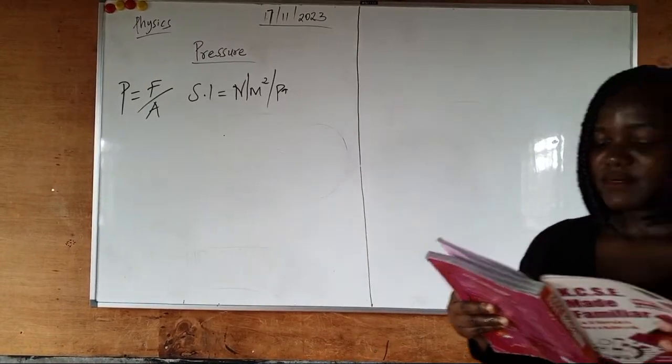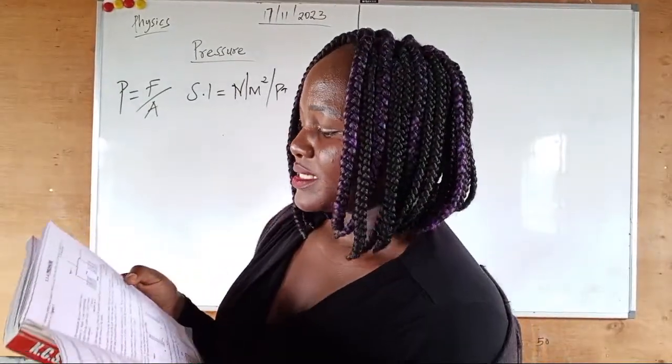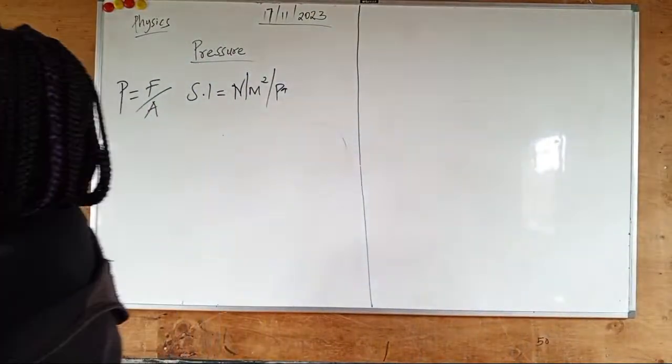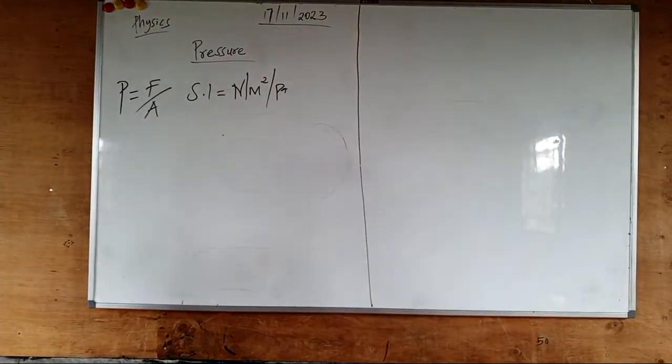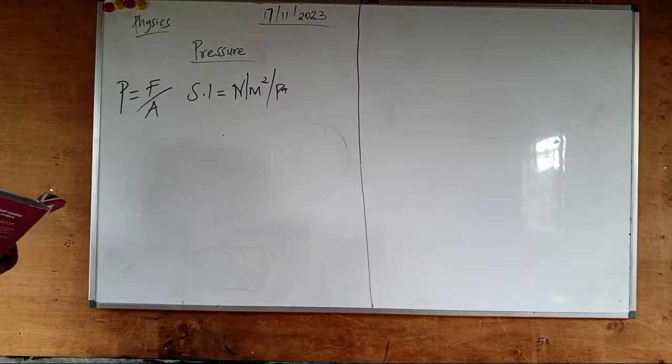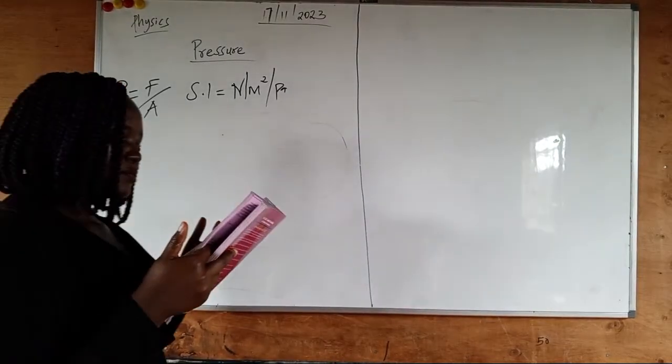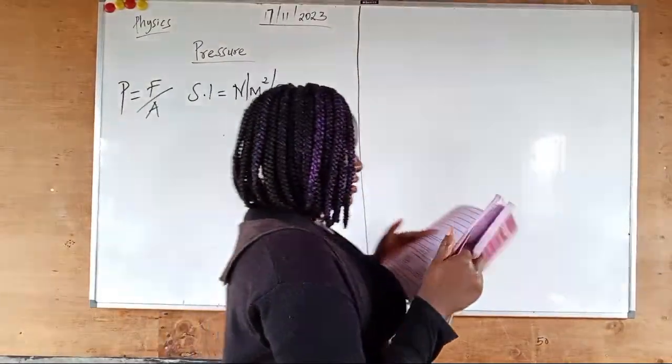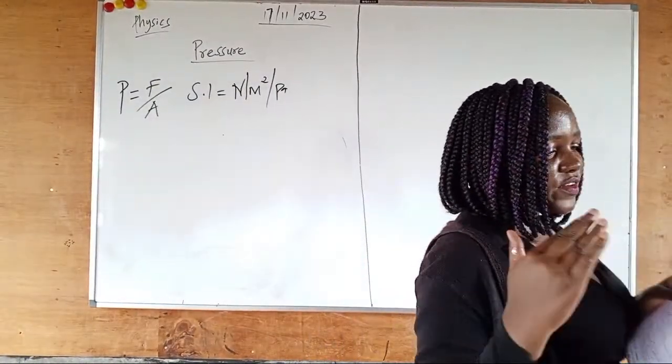Determine the minimum car tire pressure. That was question number 5. Try. Collect the data, what you're given first.